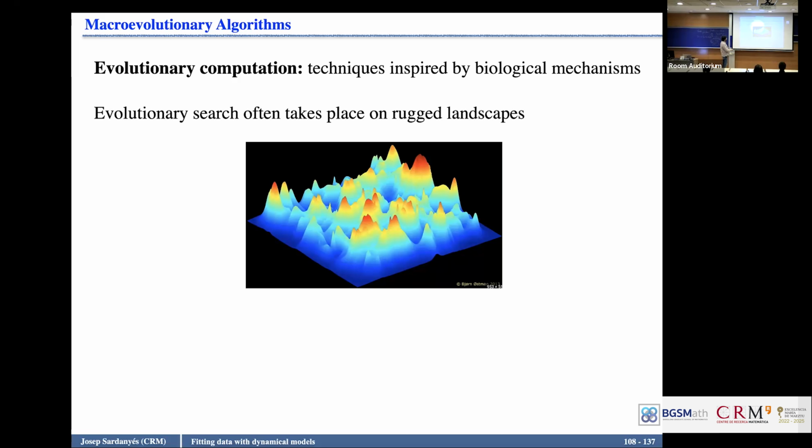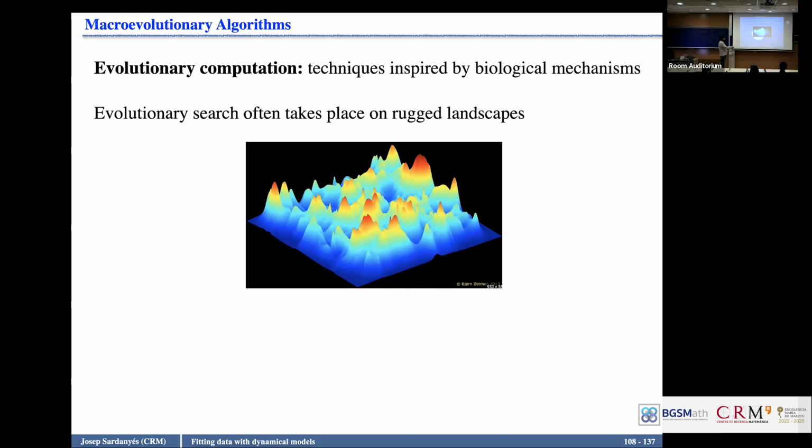So usually, evolutionary search, or what we call heuristic optimization methods, must find minima in a rugged landscape, in a very complex landscape. So you have to imagine this landscape as these are some parameters, for example, and the color is the fitness that the use of these parameters gives to explain the data.